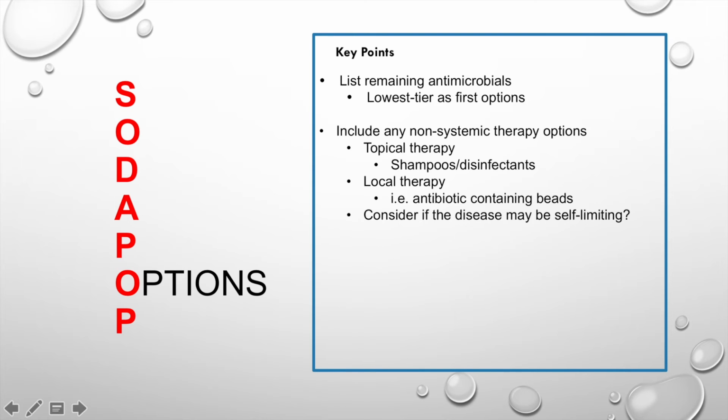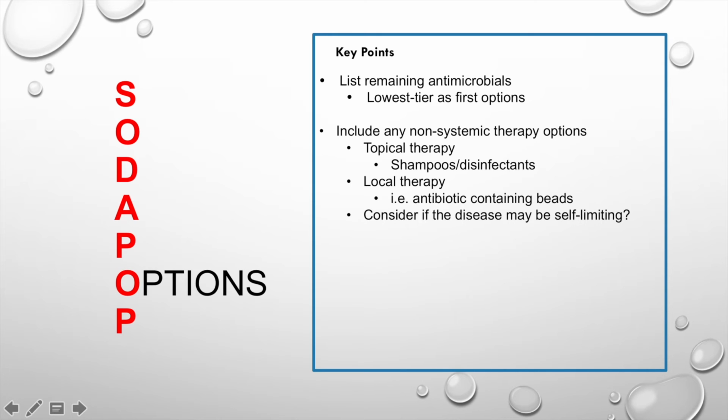Now that we have eliminated any antimicrobials that are contraindicated in our patient, we will list the remaining antimicrobials, with our lowest tier antimicrobial options first. Then we should also include any other options that we have.